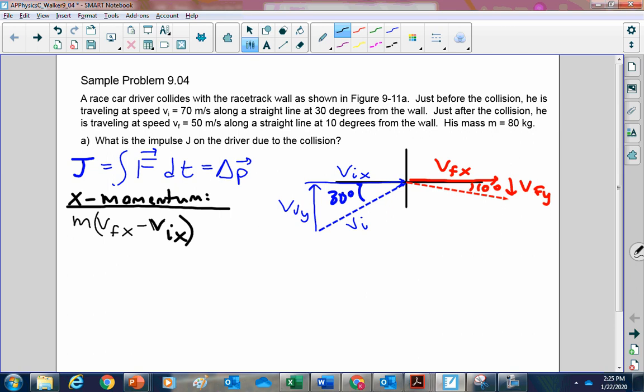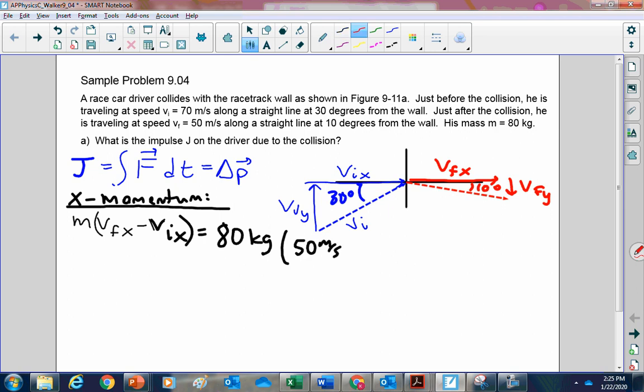That would give me the change in momentum in the x direction. So that would be 80 kilograms, times the final velocity in the x direction, which will be the 50 meters per second.